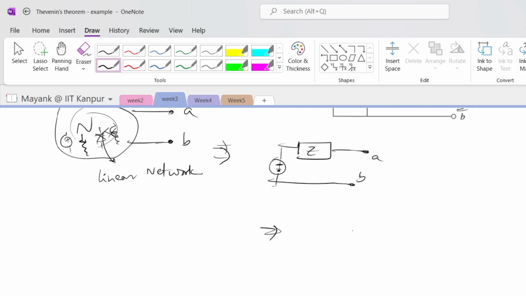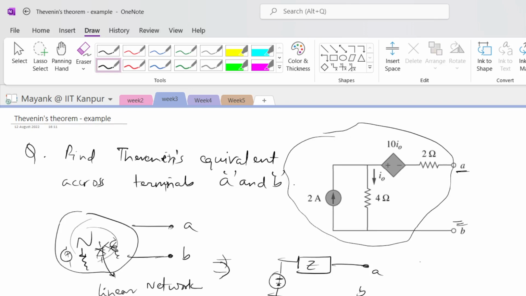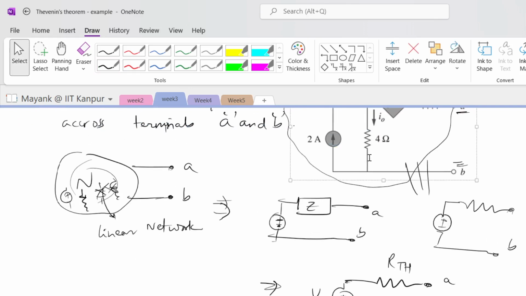So for that case you can replace this network by a voltage source V Thevenin and a resistance R Thevenin, across A and B. So here also we have to replace this whole network that is shown here with an equivalent voltage source like this and a resistance like this. Okay, so how do we do that? So let me bring this guy down.